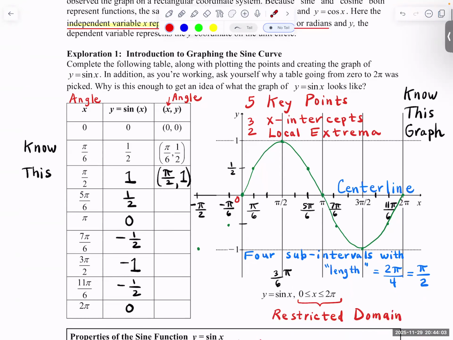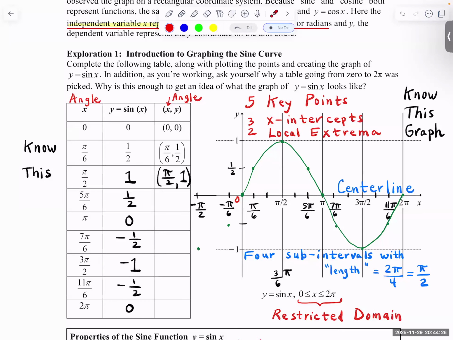So in the table, the first column, x, represents an angle measure in radians from 0 to 2 pi, which is known as one cycle of the function. The second column are the y values, or function values for sine of x.